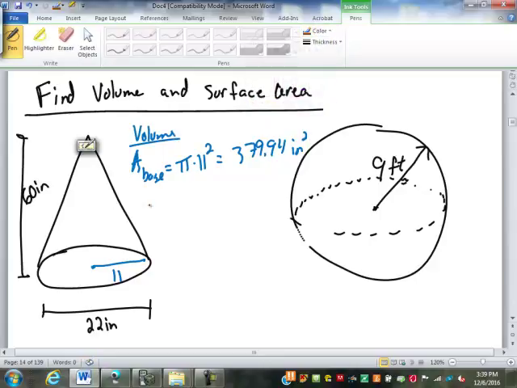So the volume is area of the base times the height, which is 60 inches. But since this is a cone, what do we have to do? Divide by 3.